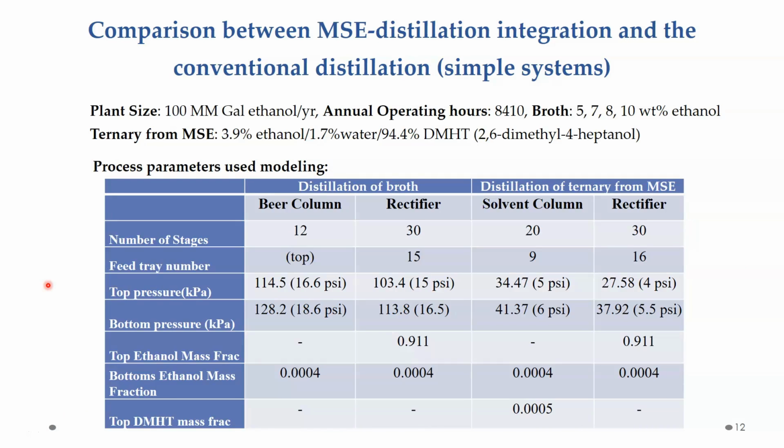In the process modeling, plant size is fixed at 100 million gallon ethanol per year, assuming 8,410 operating hours per year. Here are the parameters used in the process modeling.